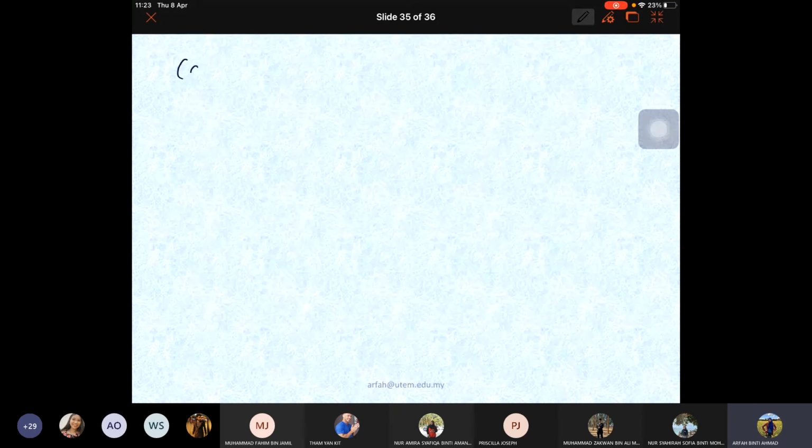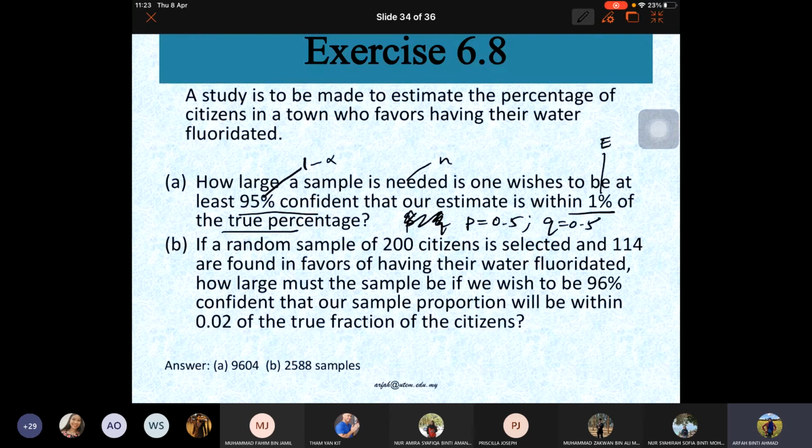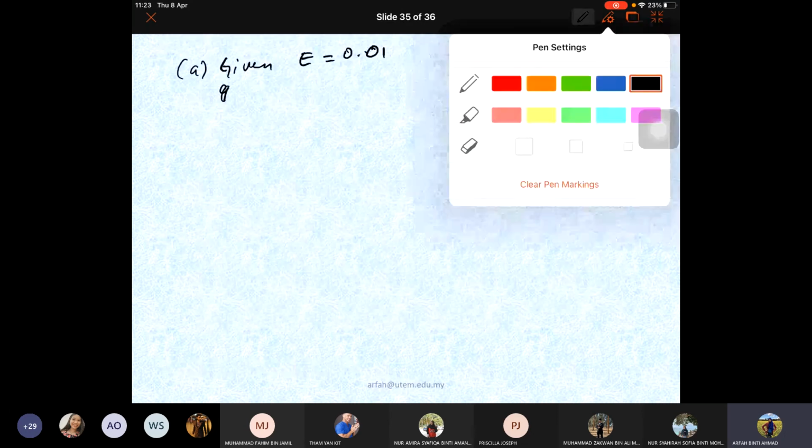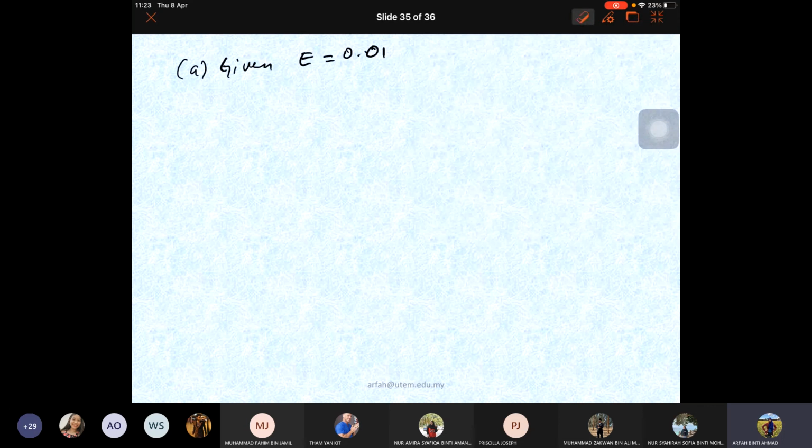So for A, given, okay, error terms akan sama dengan 0.01 sebab 1%. Okay. So dia nak dapatkan 95% confidence. Okay. We would like to find 95% confidence.